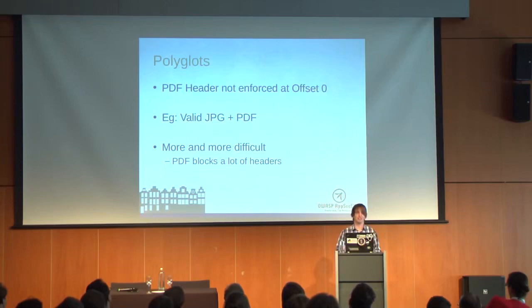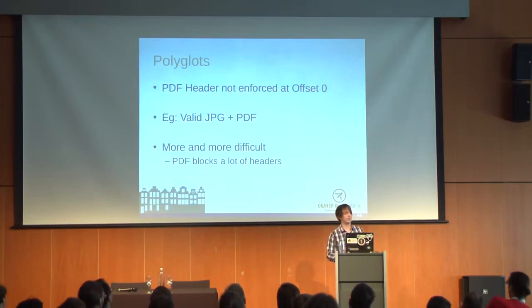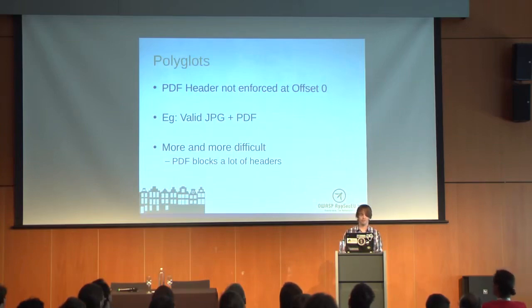Then all the JPEG headers, but they also had forgotten one, and Ange found it. And then PNG, TIFF, it's like a really big list. If one of these headers is before the PDF header, it will just say it's an invalid PDF or whatever, and stops rendering. So this is not that interesting anymore.